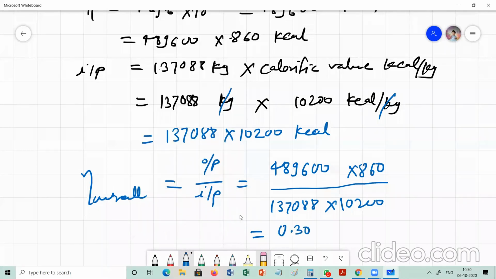Okay, means what? It has an overall efficiency of 30%.